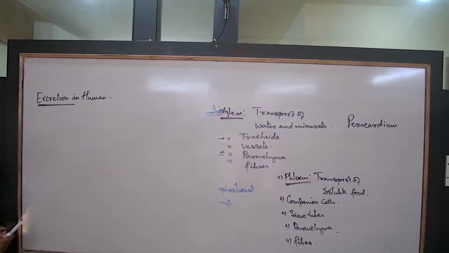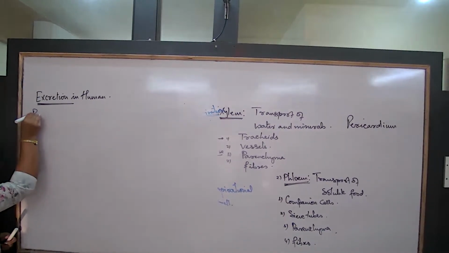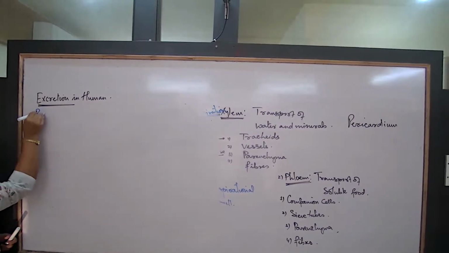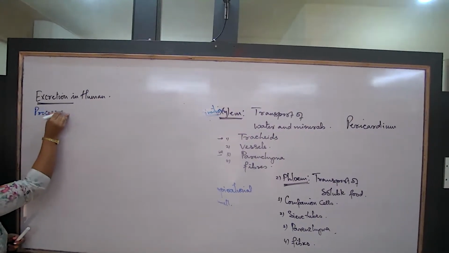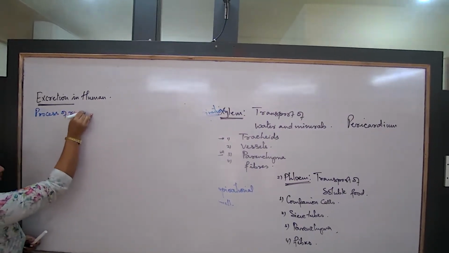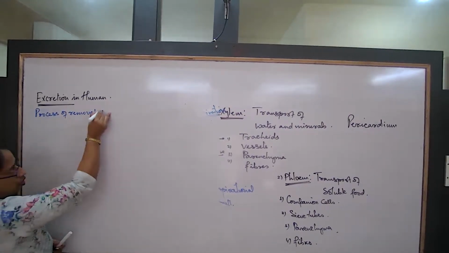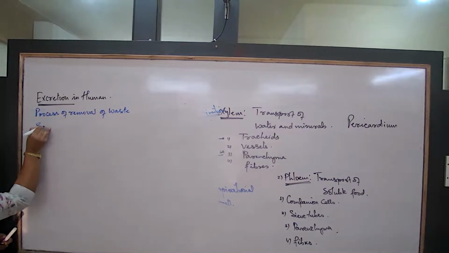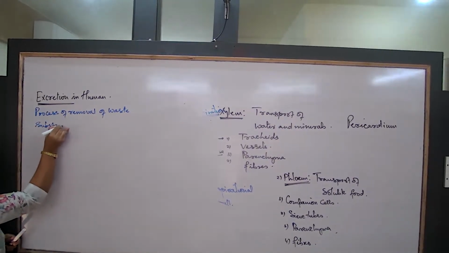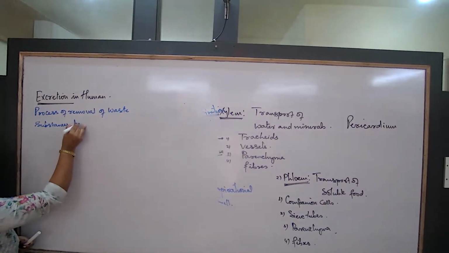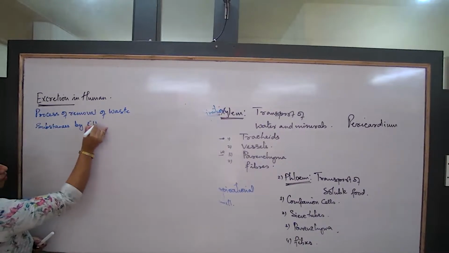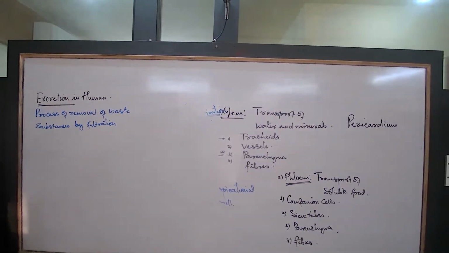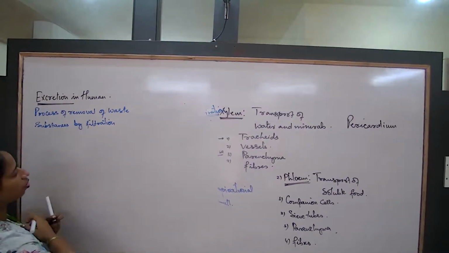So as we talk about the concept of excretion, what will be the definition? The definition always to be written this way: the process of removal of waste substances by the filtration of the blood.